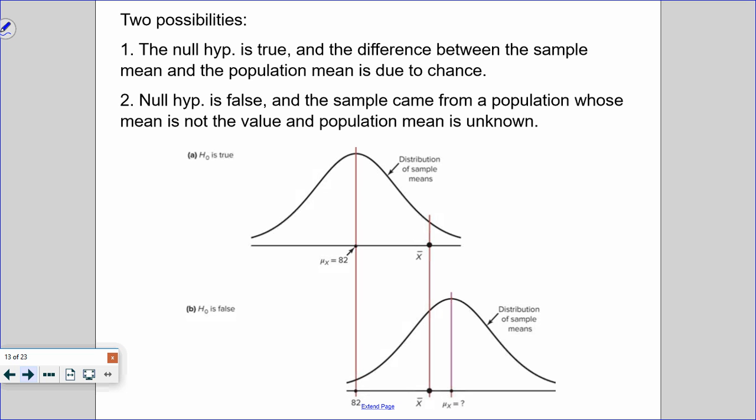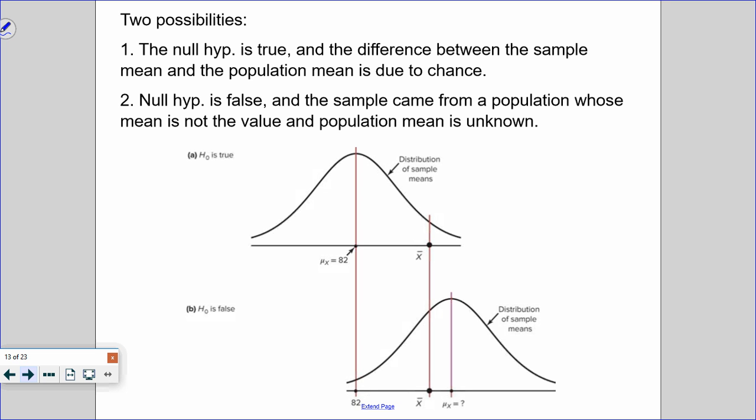This chart may look confusing, but we think of the normal curve. Remember that the area under the curve is a probability, okay? So the probability that the mean will fall in this area right here is much higher.